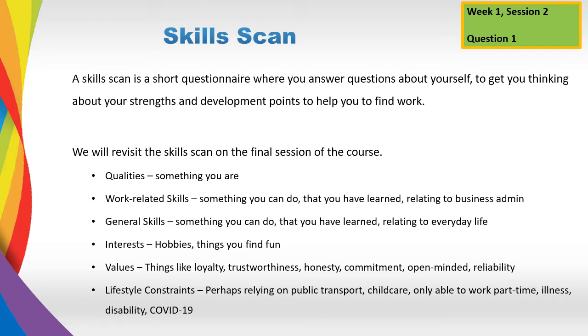Maybe you would need to look into whether there is a before and after school club available. Perhaps you're only available to work part-time. This could be due to childcare, it could be due to illness, and that moves on to the next point of illness and disability as well. And of course, COVID-19. We talked a bit about COVID-19 already and the impact that that's had on some of you who have been trying to get into work or who have sadly come out of work because of that.